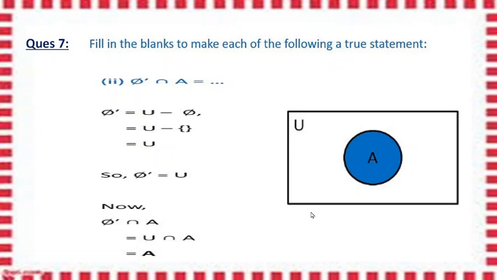This rectangular region is representing the universal set and this is set A. Now you can observe easily in these two sets which area is common. Definitely this blue region is common. So intersection also means the common region, the common elements. So set A is the common region. So in the blank it will come as set A.